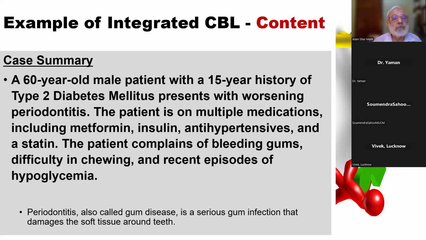So this patient, who is a diabetic and is also on medications for hypertension and a statin, presents to, let's say, a dental clinic with bleeding gums and difficulty in chewing, and also tells that he has some episodes of hypoglycemia, meaning there may be some problems with medication.